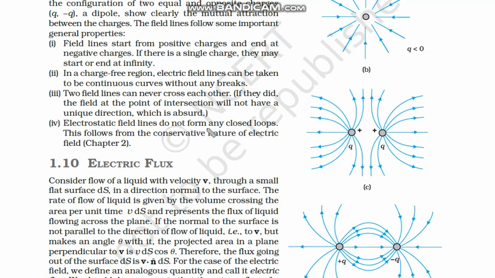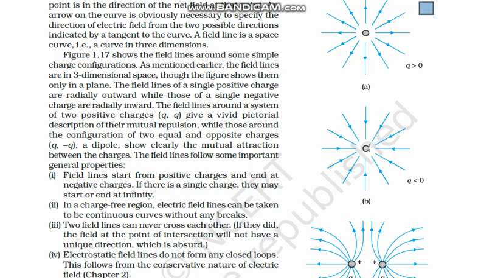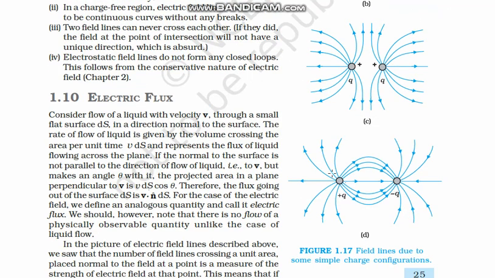Electrostatic field lines do not form any closed loop. This follows from the conservative nature of the electric field. So what they are trying to say is that electrostatic field lines do not form closed loops. Here I have shown a closed loop, but for a single charge they extend up to infinity, while for multiple charges they form a closed loop.